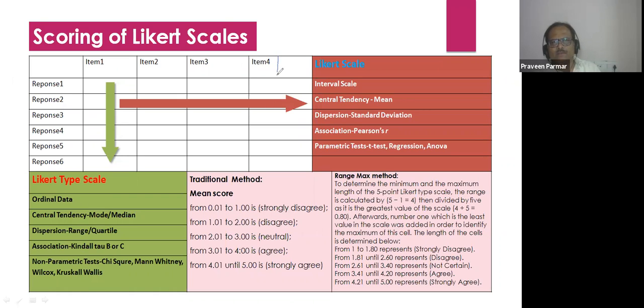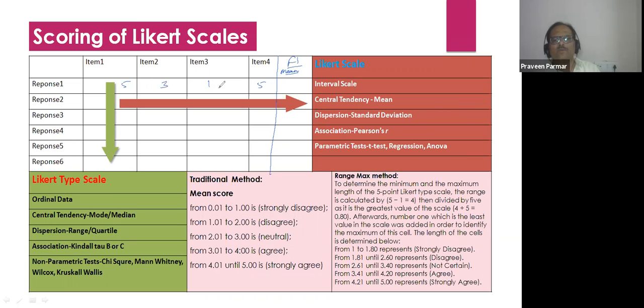Suppose I am making this factor 1. I am adding all these questions here, and basically we prefer the mean score. So I am taking the mean of all these. Suppose here 5, here 2, 1 and 5. I add these up and divide by 4.